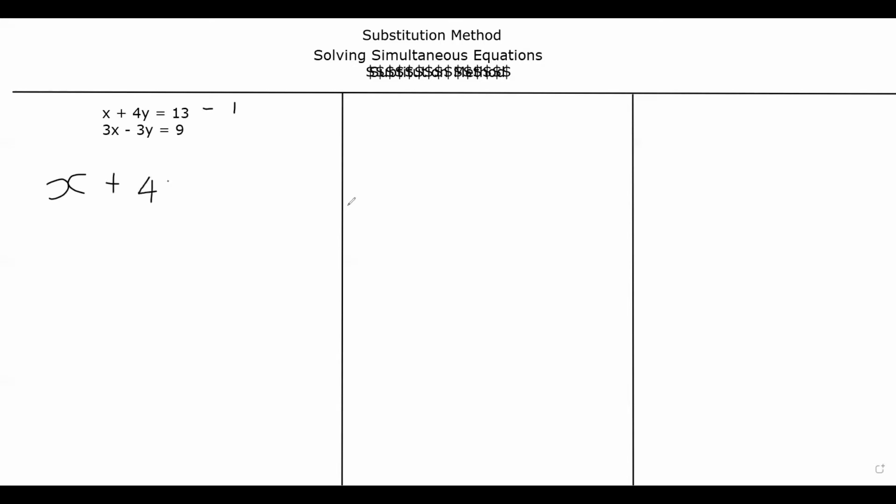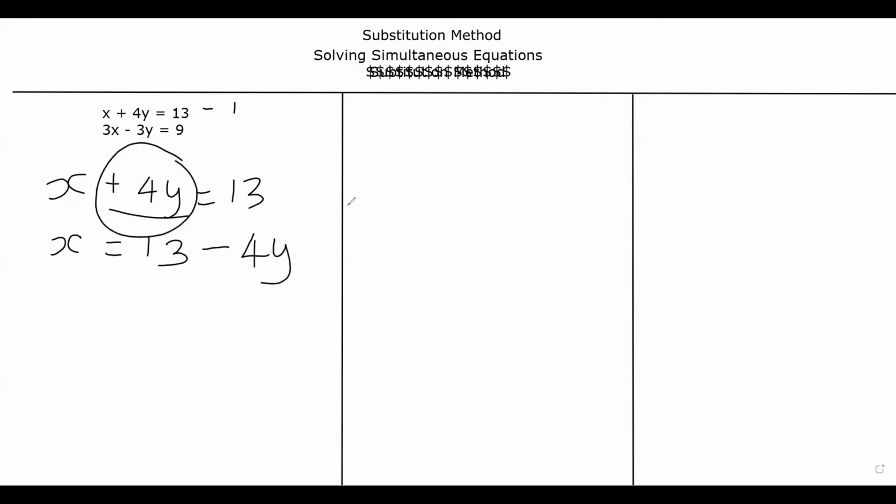x plus 4y equals 13, and I can rearrange this equation like this. x equals, I take the 4y to the other side, so I have 13 minus 4y. So remember, when you take this to the other side, because it was plus, it becomes minus when it goes to the other side of the equal sign.